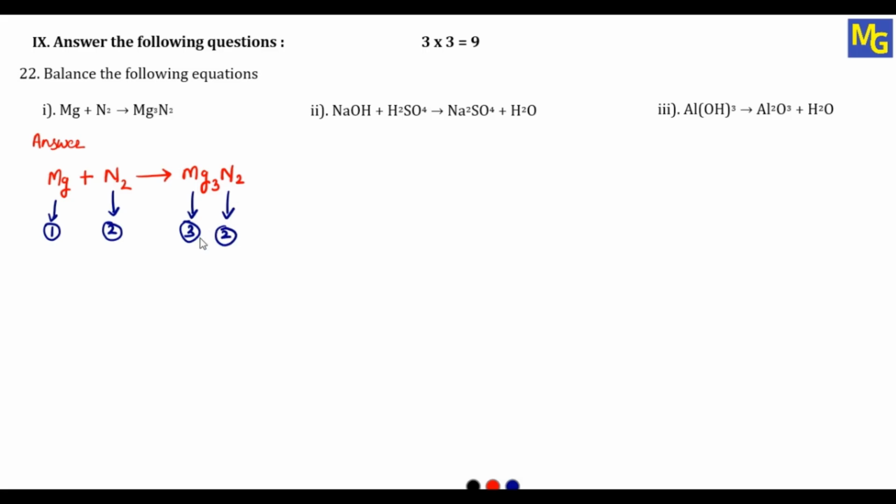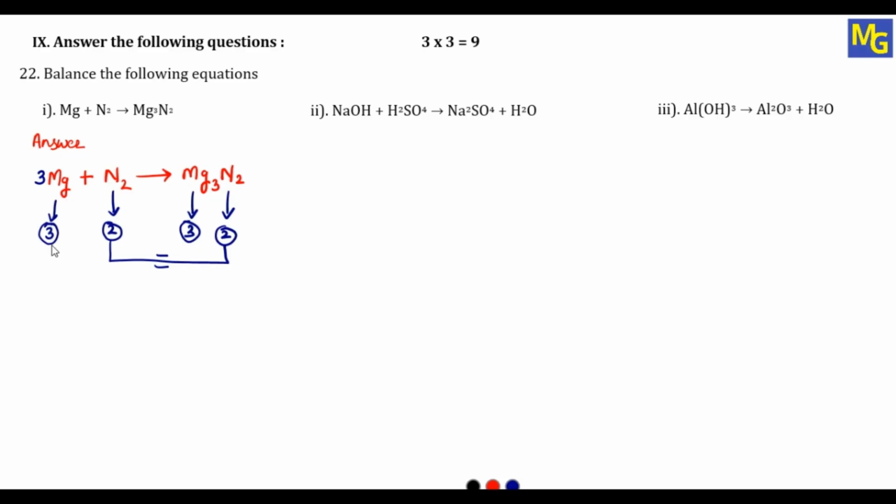What is balancing? Balancing means the number of atoms on the left hand side should be equal to the number of atoms on the right hand side. N2 and N2, it is already balanced, 2 and 2. It is correct. But Mg is 1 on the left hand side and Mg is 3 on the right hand side. So how to make it 3? We just have to write 3 here. Once you write 3 on the left hand side, then this 1 will become 3. So I will make it 3.